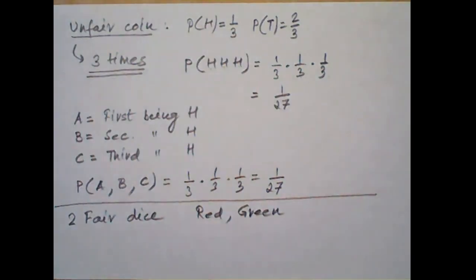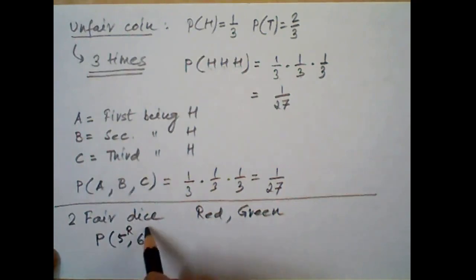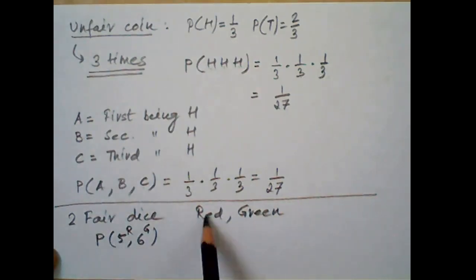We can ask the probability question: when you roll these 2 fair dice, what is the probability that you get 5 in the red die and 6 in the green die?